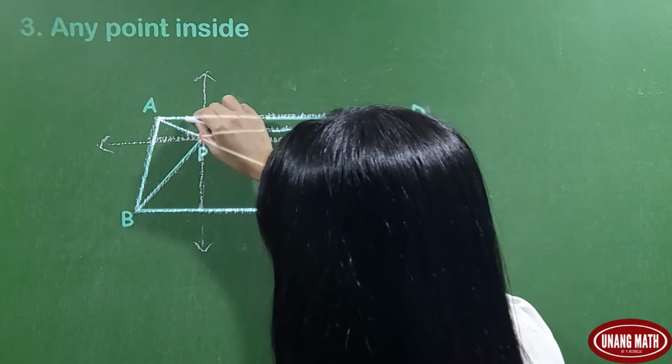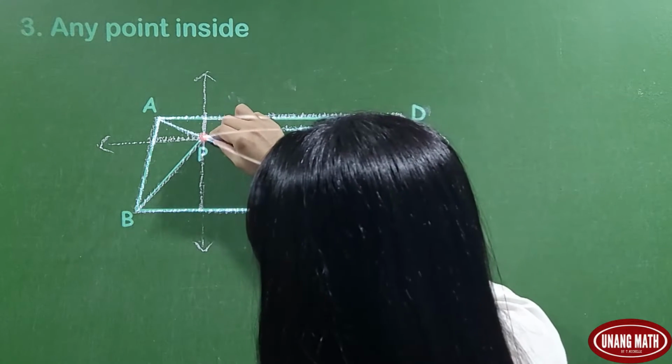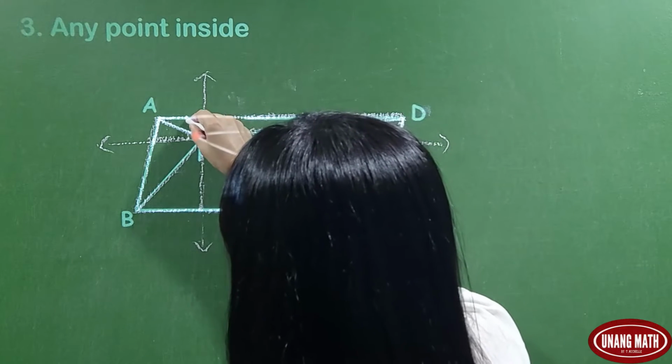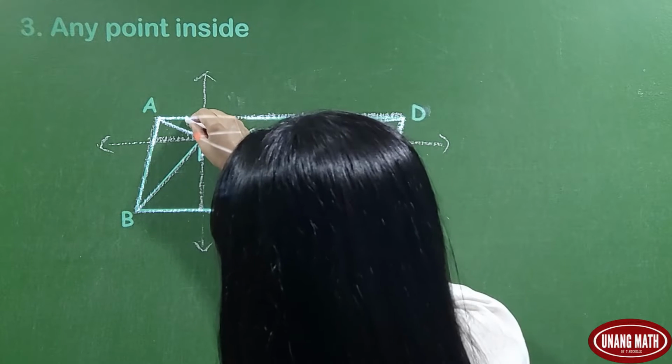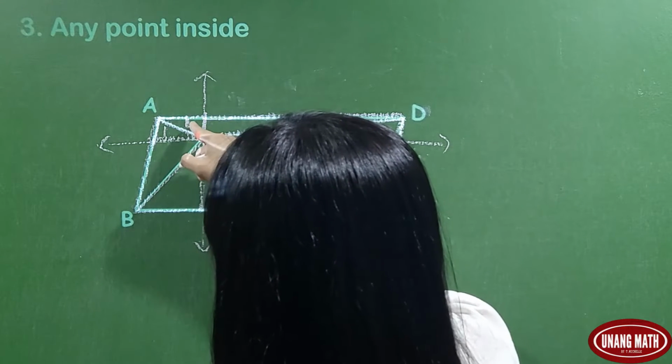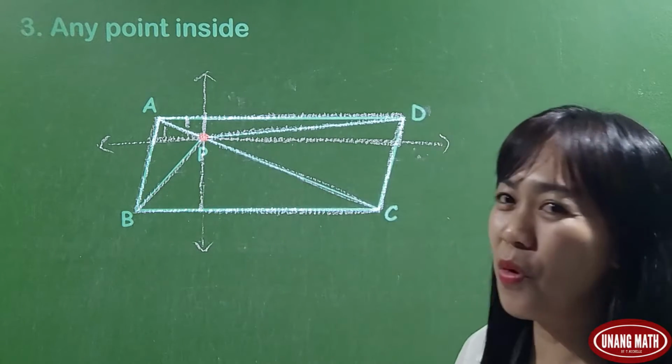Okay, in this first parallelogram, we have here this diagonal line. So it means this area is just equal to this area. So if this is 1, then this is also 1.